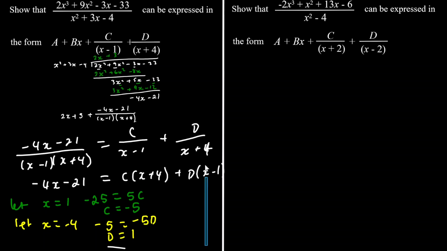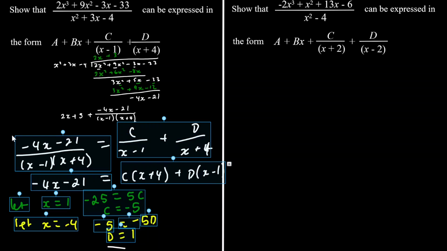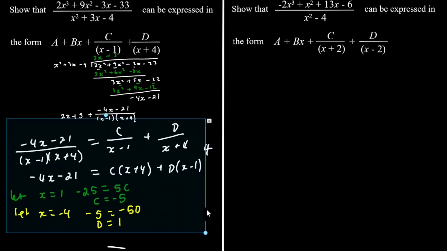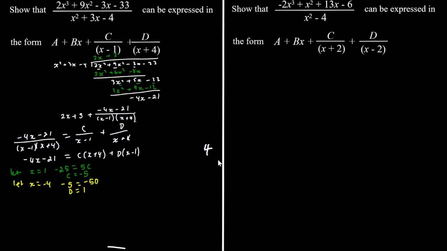So now we know what a, b, c and d are. We can say we have 2x plus 3 plus, well actually, minus 5 over x minus 1 plus 1 over x plus 4.